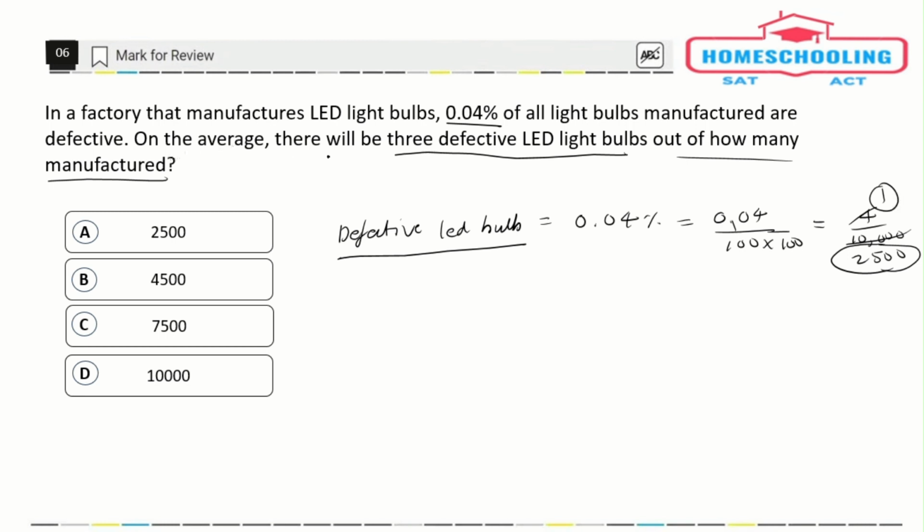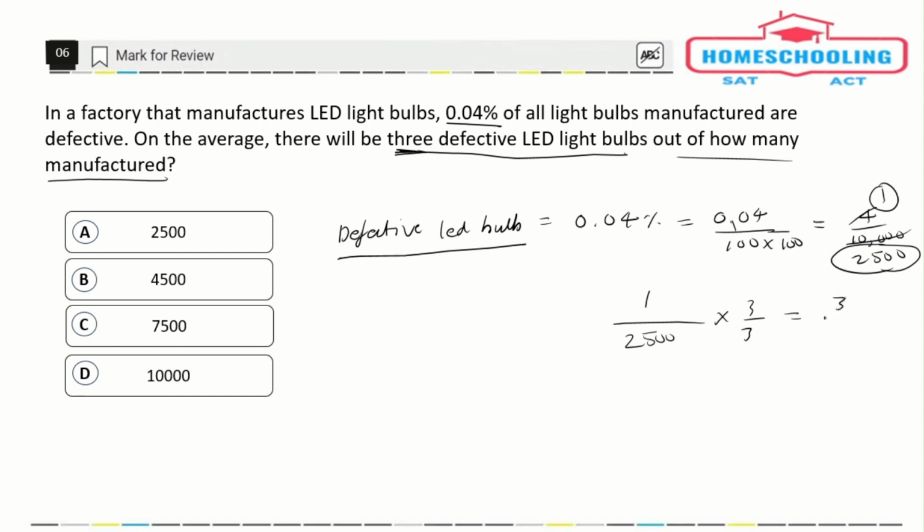And in the question it is given that there will be 3 defective bulbs out of how many manufactured bulbs. For one, we will find one defective bulb out of 2500 manufactured bulbs. So if we have to find for 3, we will multiply and divide by 3.